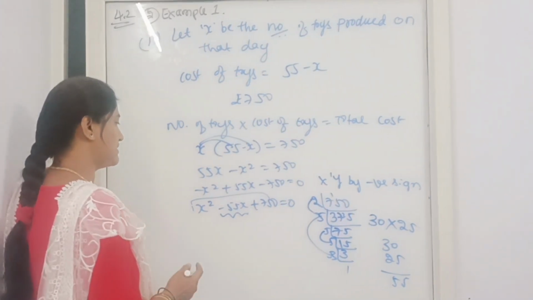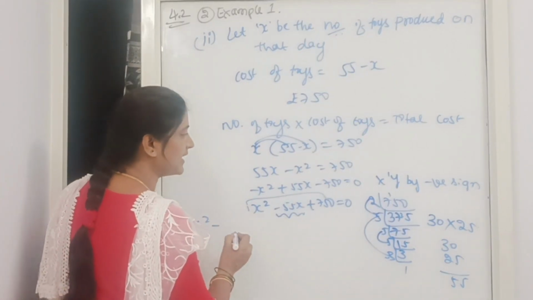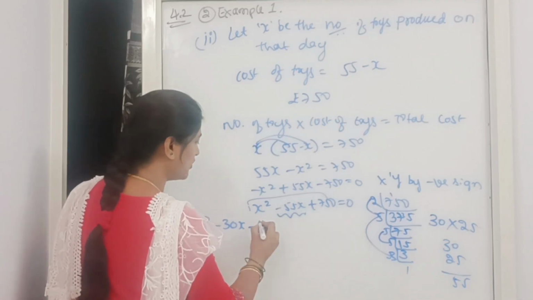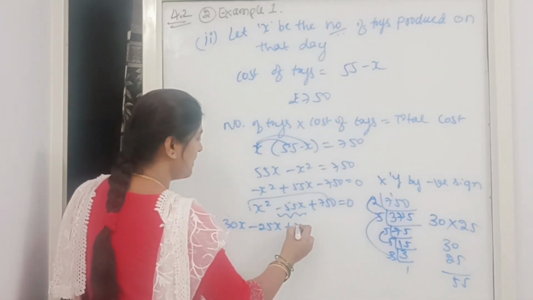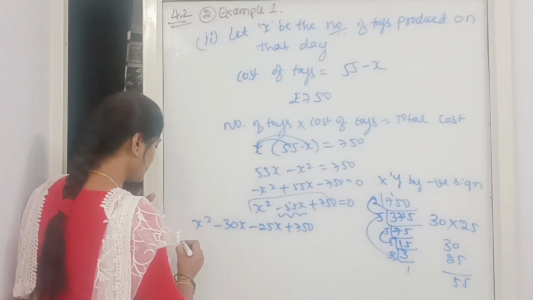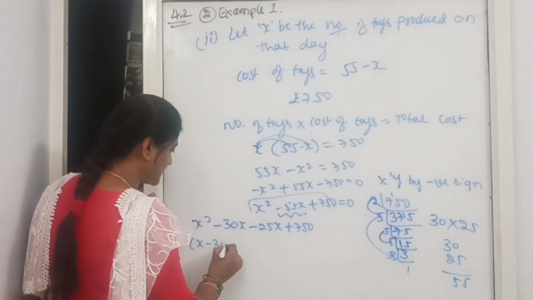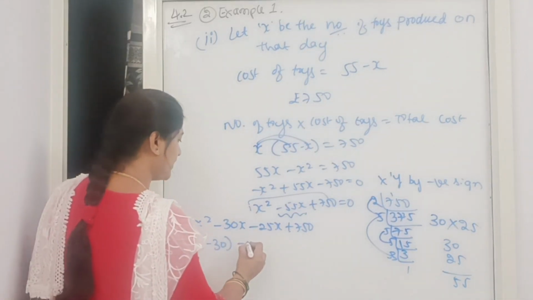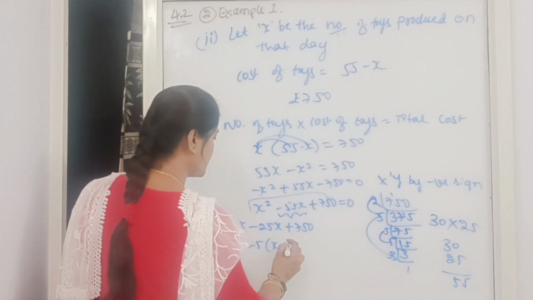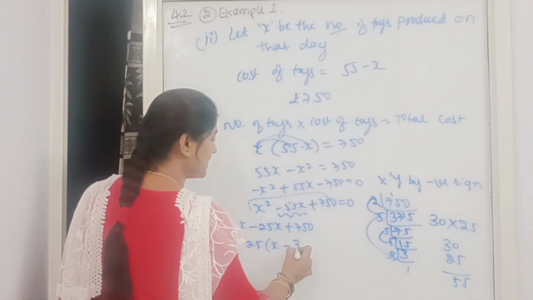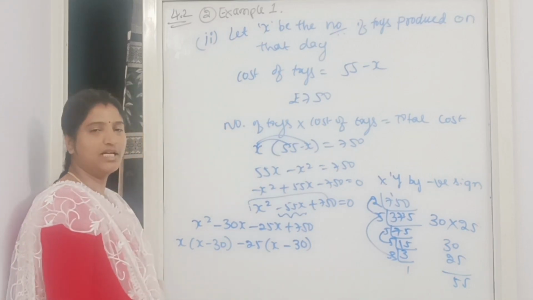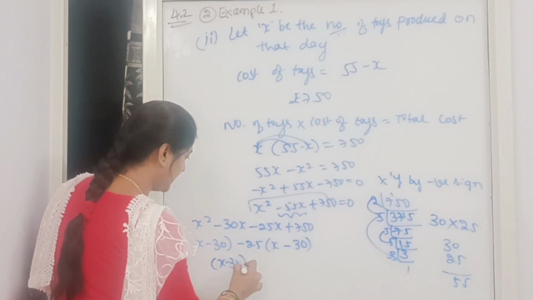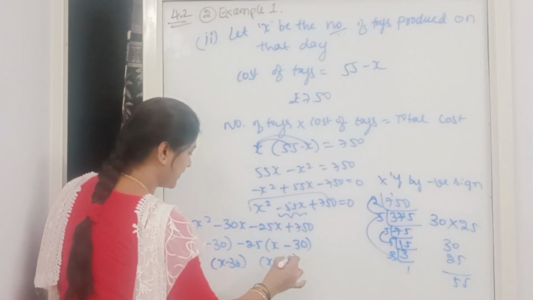Okay. Let us start. X square minus 30x, both negative sign means both are minus, minus 25x plus 750. X into x minus 30, and here 25, yes, you can take 25 common, x minus 30, minus 25 3s are 75 and one more 0 is there, 25 30s are 750. So x minus 30, x minus 25.